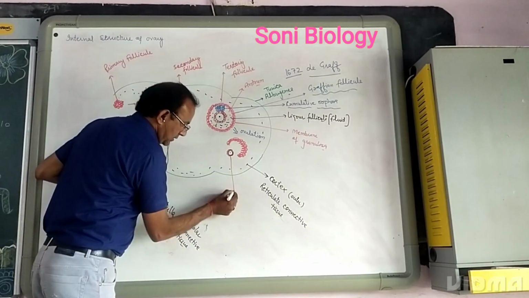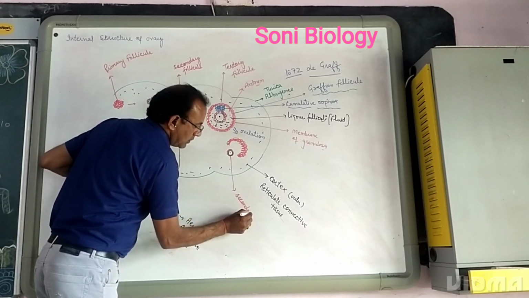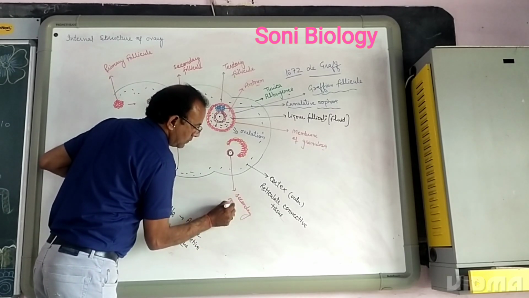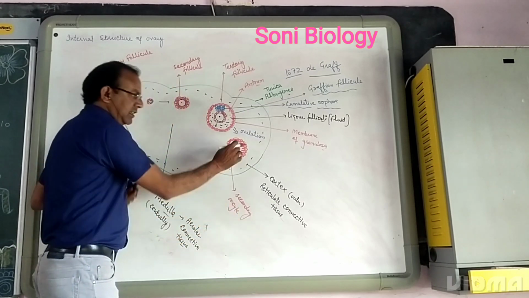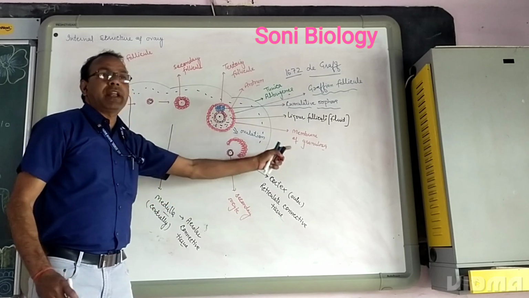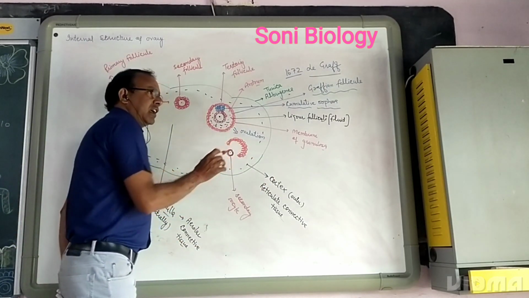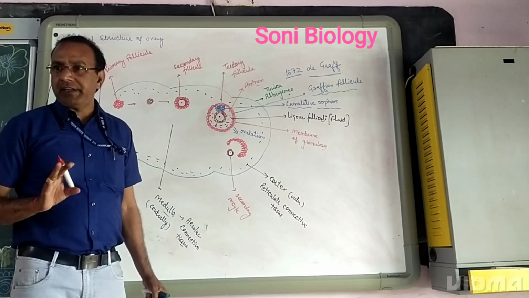This is the secondary oocyte, and this is the upper part, the remaining parts of the membrane of granulosa. At this phase, three processes can take place.